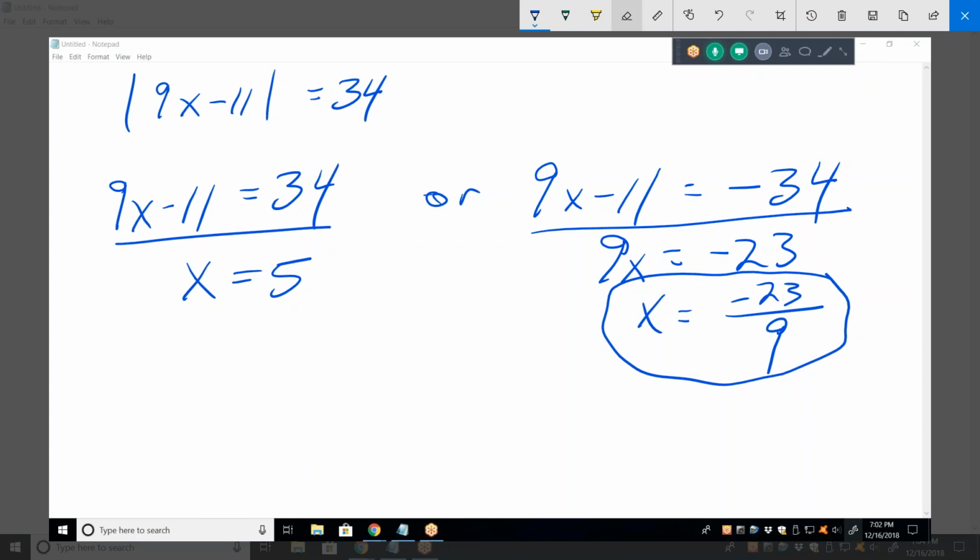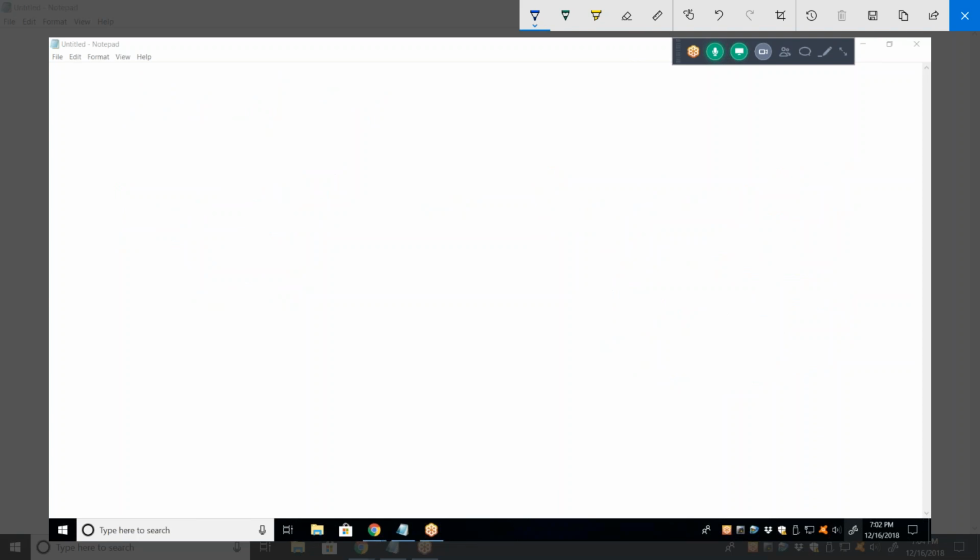I got trapped by this once, by an 8th grader. So, what do I do here? 3x minus 10 is equal to negative 3, and 3x minus 10 is equal to positive 3.